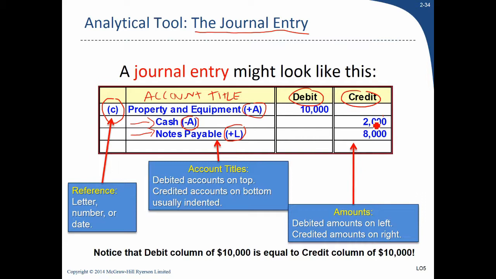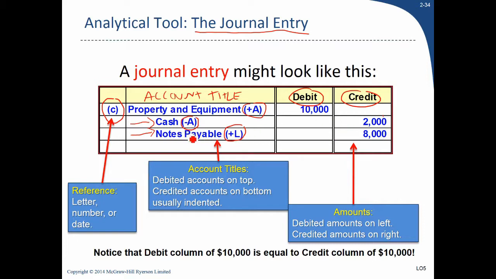You know the cash is being credited by 2,000. Property and equipment, we're debiting it because the property, plant, and equipment is increasing. No indent. The 10,000 goes on the left-hand side of the column. And notes payable, it's a credit because we're increasing a liability. We put this 2,000 on the credit side, right?